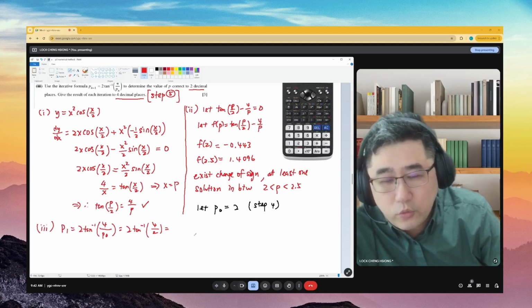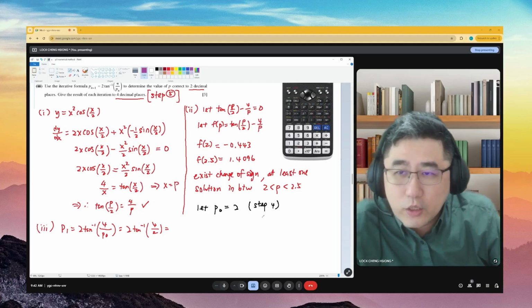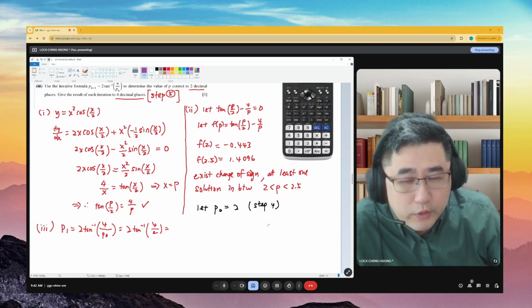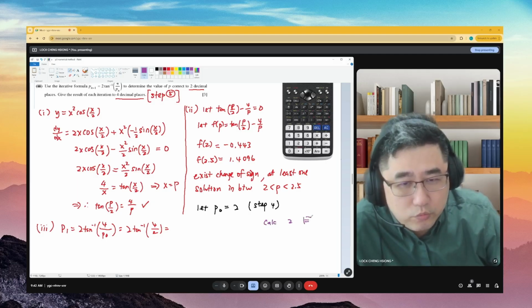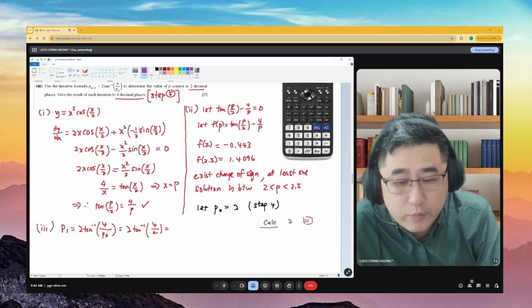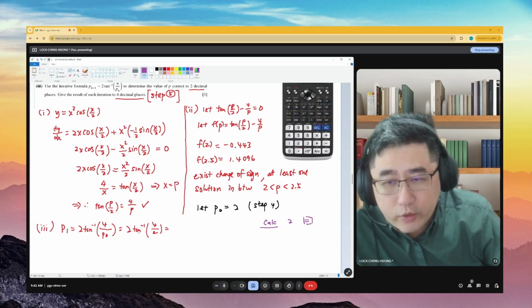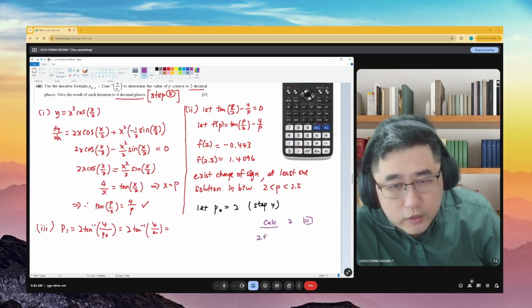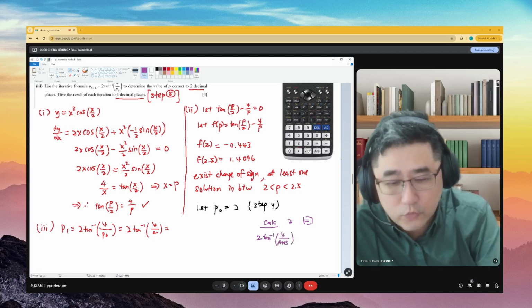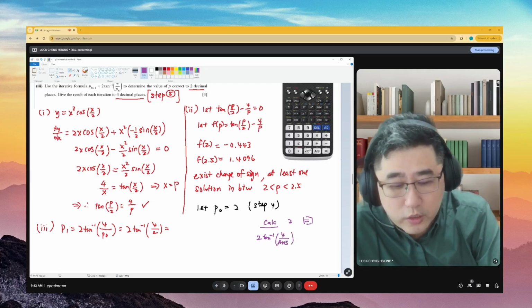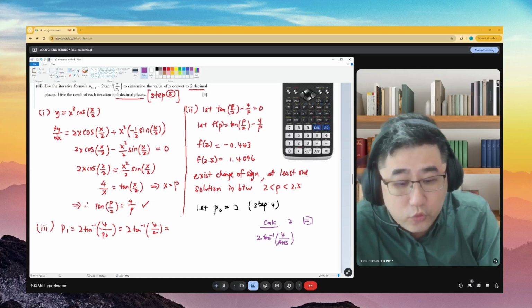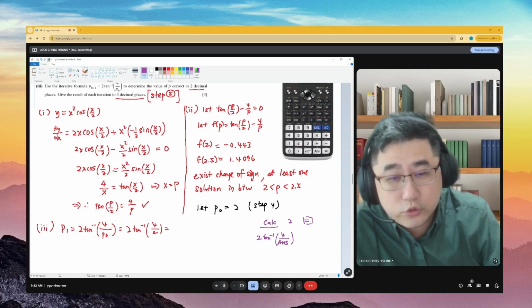So how do we key this into the calculator? I have my first initial value as 2. I press 2, then I press equal. After that I key in 2 arctangent of 4 over answer, with a close bracket.